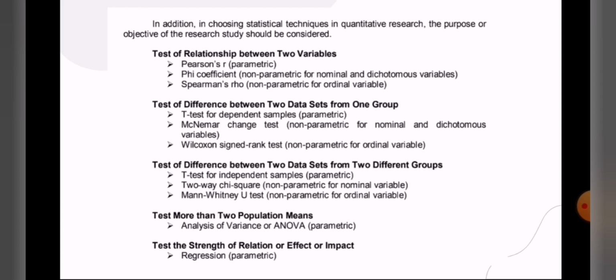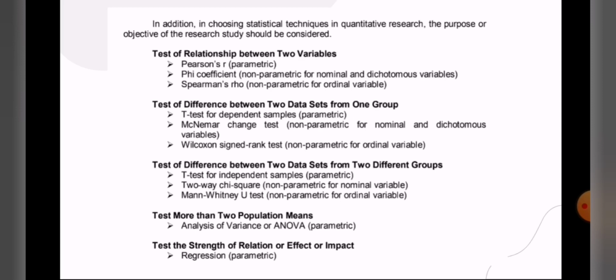And then test of difference, if what you are finding out in your research is a test of difference between two data sets, okay? The difference between blah blah, no? So, you can use t-test, McNemar change test, non-parametric, Wilcoxon signed rank test.